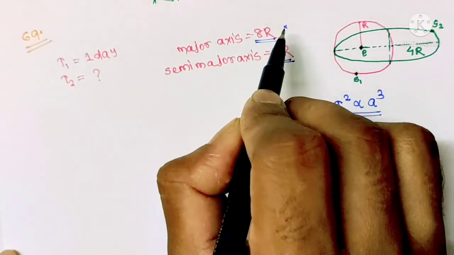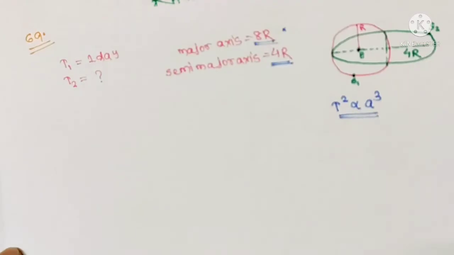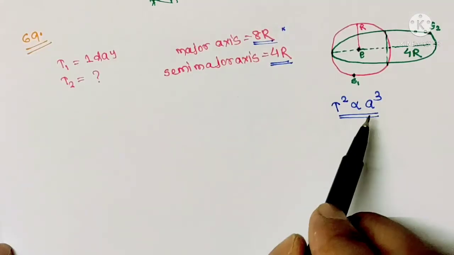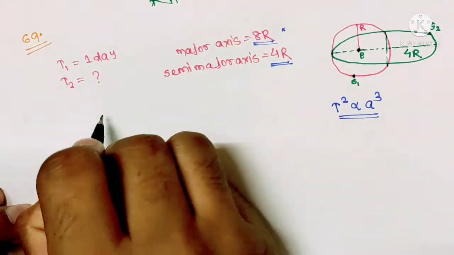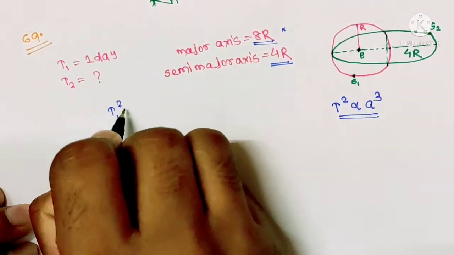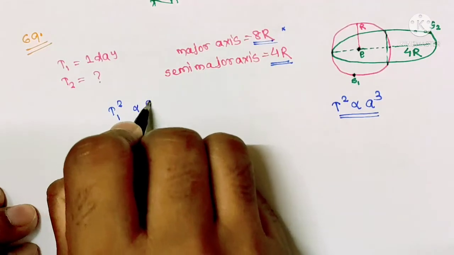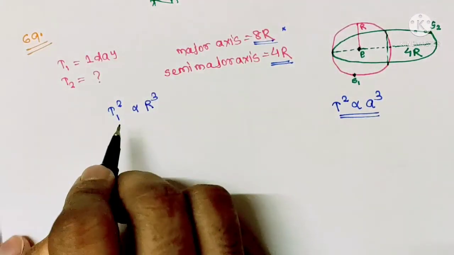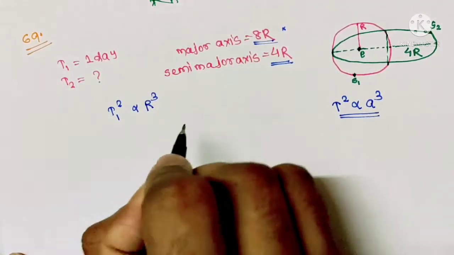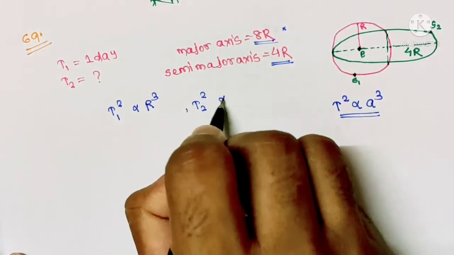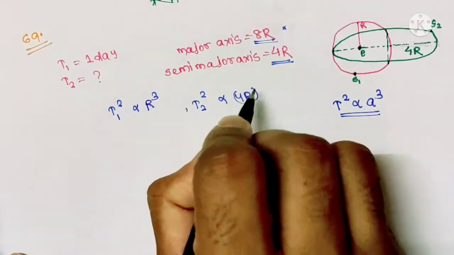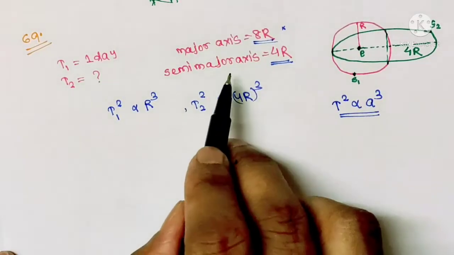Be careful when you are using this formula. T1 square is directly proportional to r cube for the first satellite. For the second satellite, T2 square is directly proportional to 4r cube. We have to use the semi-major axis.